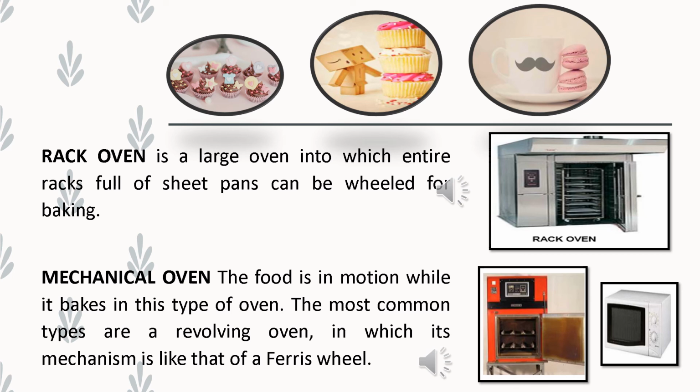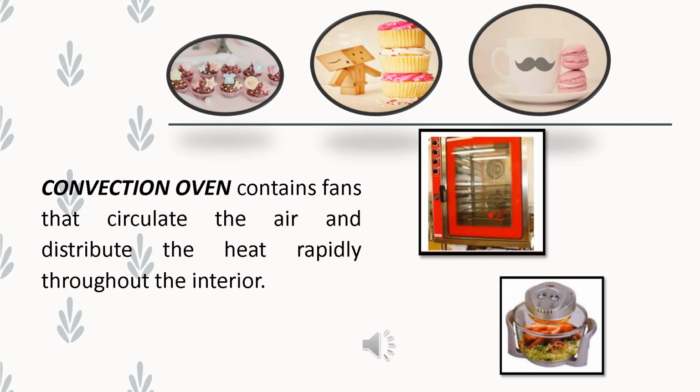Because of its size, it is specially used in high-volume operations. It can also be equipped with steam ejector. Convection oven contains fans that circulate the air and distribute the heat rapidly throughout the interior. Strong force in the air can distort the shape of the products made with butter and soft dough.